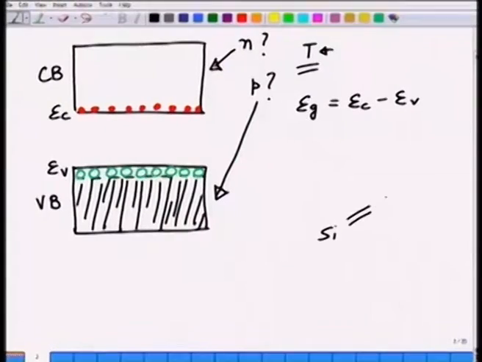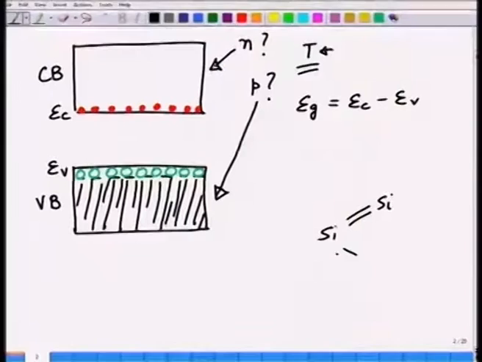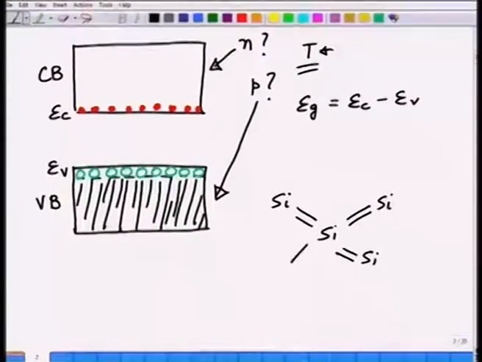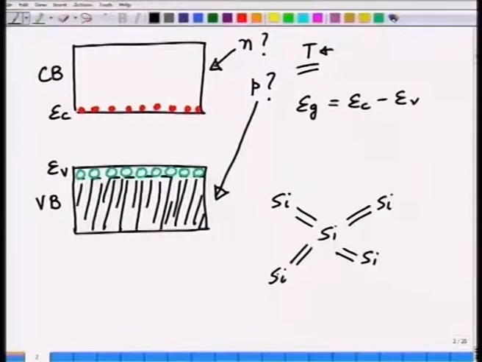In this context, you should also think like this. If you have silicon which is tetrahedrally bonded to other silicon atoms, the bonding I have shown you, it is all covalent bonds. So all electrons are occupied, all electrons are tied up, and they are all in the valence band. Now what happens?